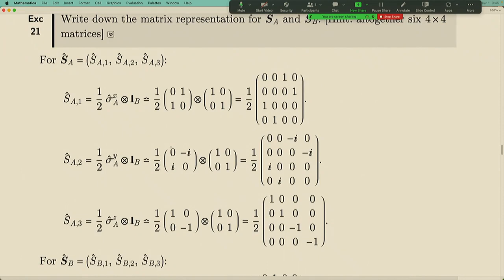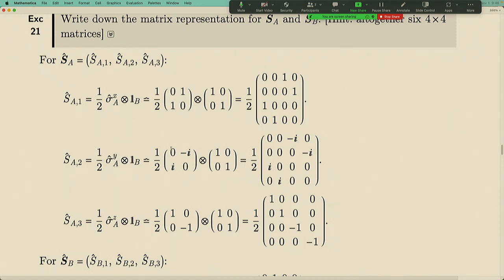SA1 corresponds to Pauli matrix X acting on the A particle and identity acting on the B particle, which is this, and this is what I wrote there. I hope this is understandable. And following the same principle, you write down SA2, which is a Y Pauli matrix acting on the A particle and identity on B, and then SA3, which is these three guys.